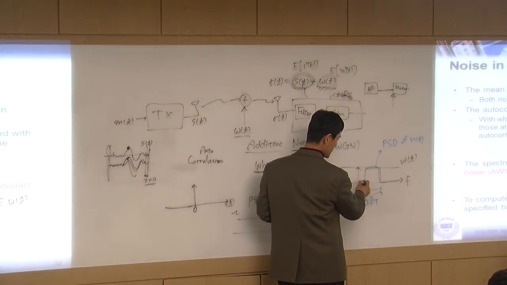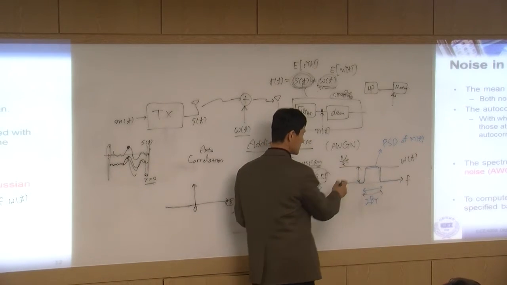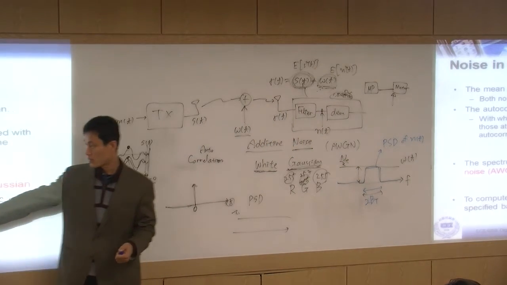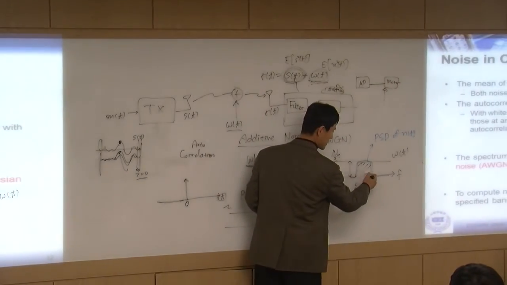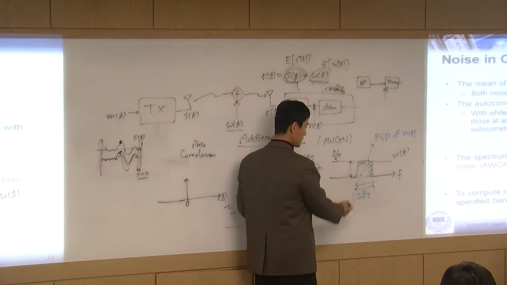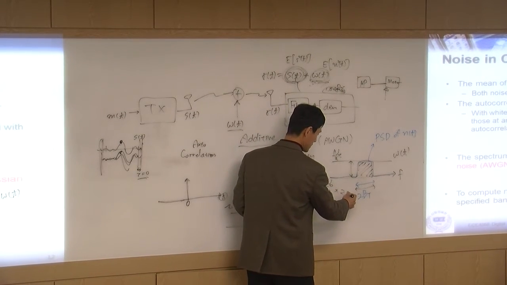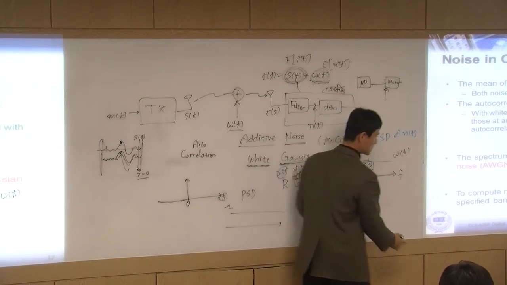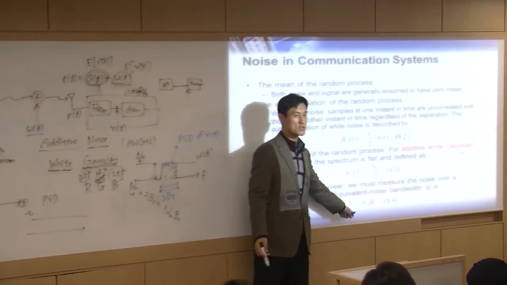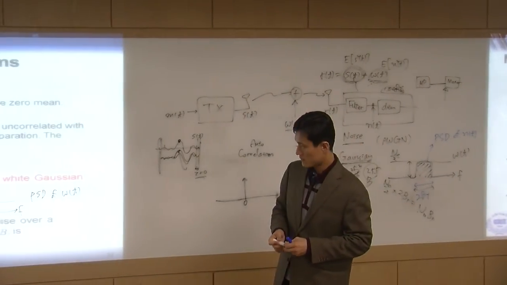What is the noise power spectral density? That's N0 over 2. So simply, this is a power: N0 over 2 times 2BT, that's going to be N0 BT. So that's the noise power. Simple, like that.